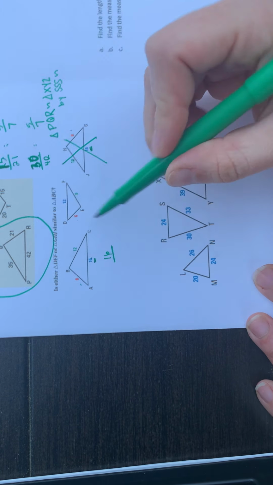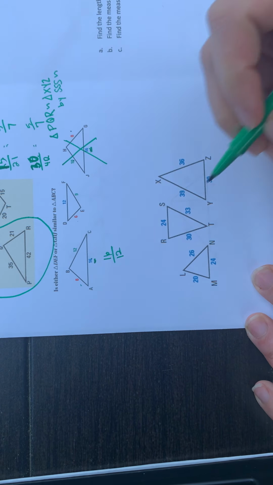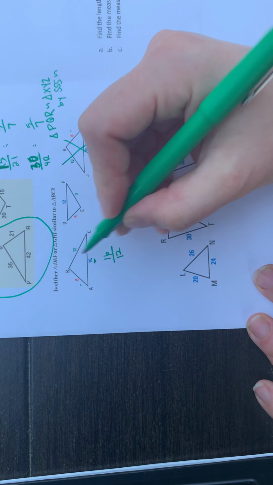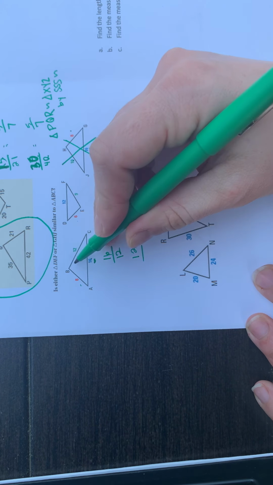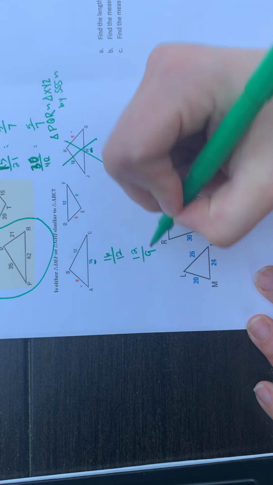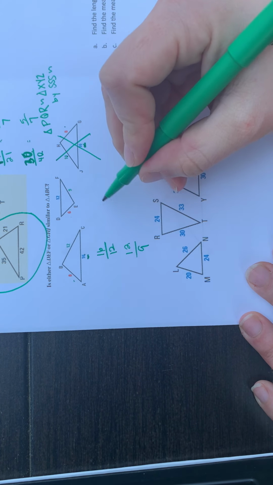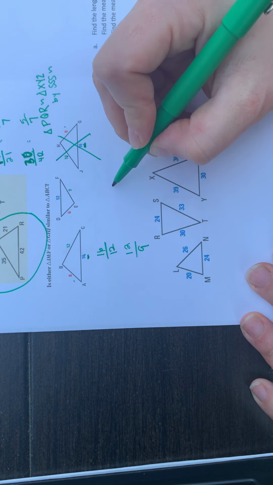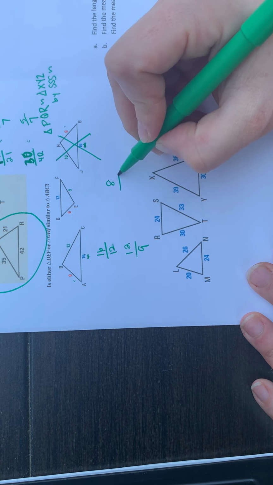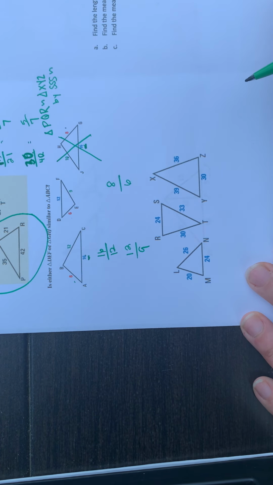Okay, so 16 over here corresponds with 12. The medium side is 12 over here, which corresponds with 9 on the other triangle. And I'm running out of room. Sorry about that. And 8 corresponds with 6. So I just want to know, are these proportional? If so, then these two triangles meet SSS criteria.